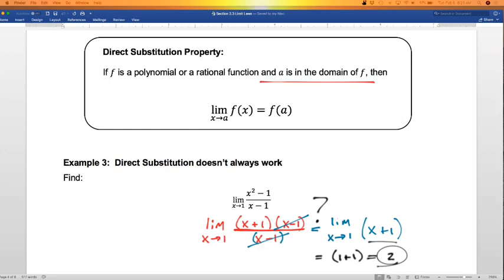And you'll find that that is the case if you graph that on your calculator. This is basically going to look like a line, x plus 1, but it's going to be undefined at that specific point when x equals 1. So we computed the limit by substituting in a different function.